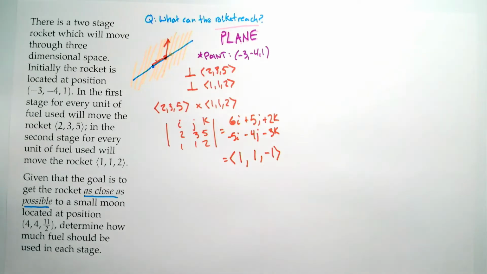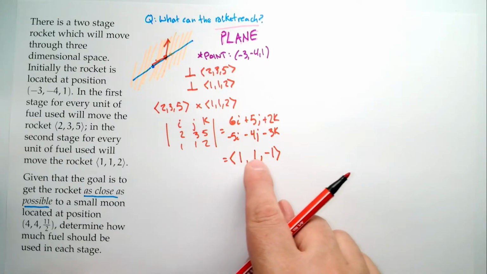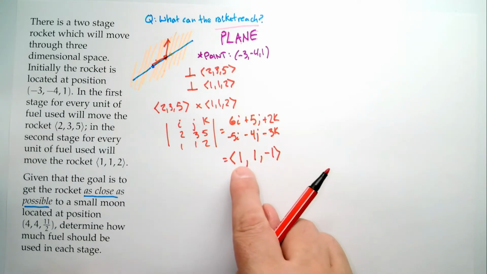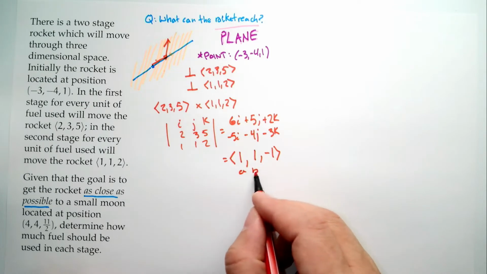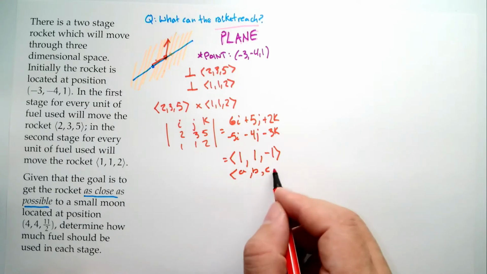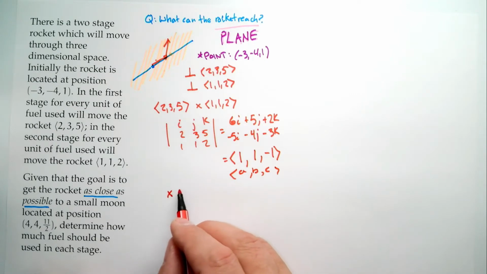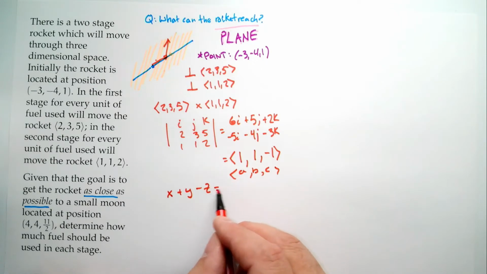We have our point, and so we can write down our equation for the plane. So it's x, y, z. So these are the coefficients, a, b, c. So if I think of this as a, b, c, then we get ax plus by plus cz equals something.